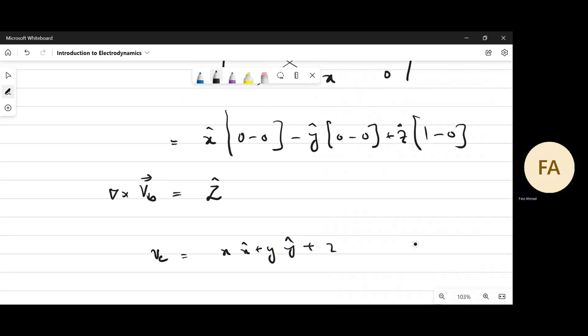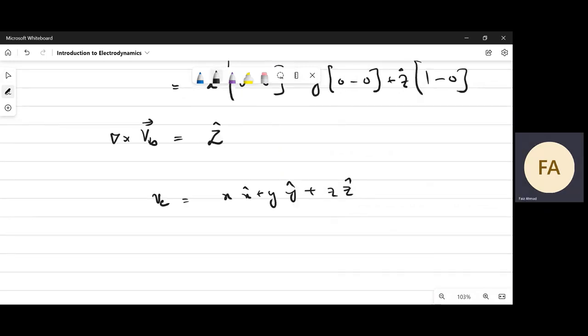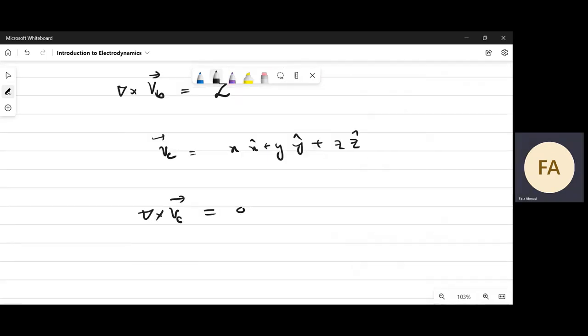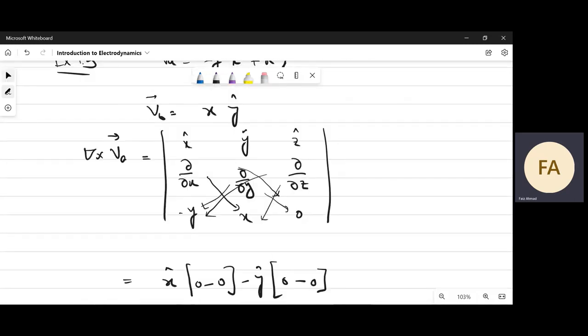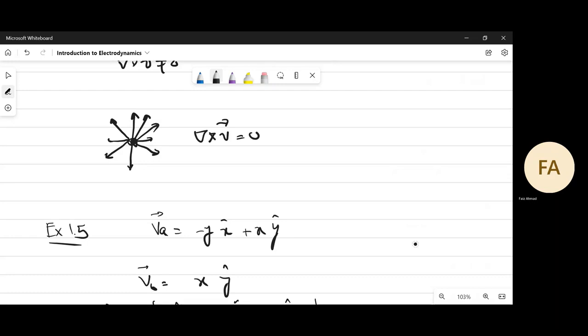And if you take, for example, VC as x, y, z, and you take the curl of this function, you can try this on your own, it will turn out to be 0. So this is the last function we drew here, this one.